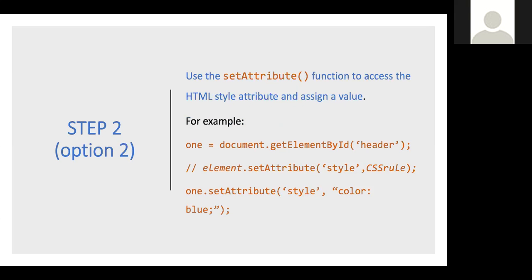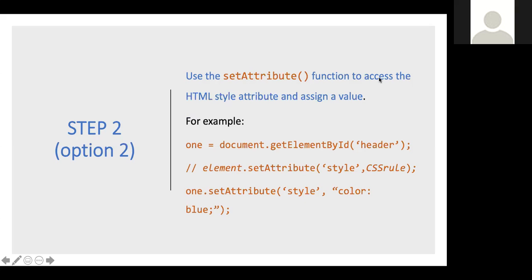The second option is to use the setAttribute function to access the HTML style attribute and assign a value. So very similar to the previous method. We target the element, and then we use setAttribute with style specified, and then the string of CSS property.